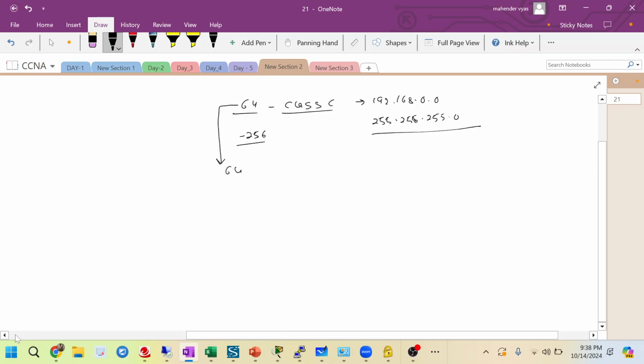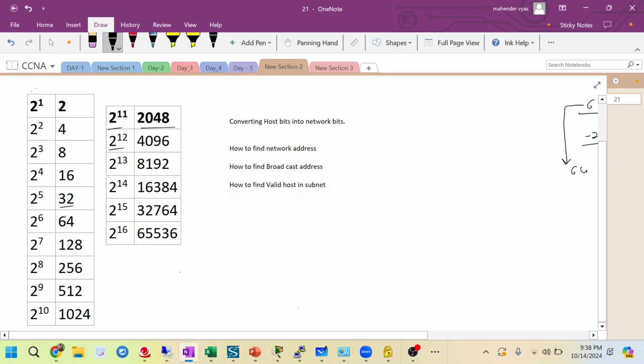For 64 addresses, what do we need? 2 power 6, but we should not take the exact number, we should take a higher number. Because this is a valid host requirement: the first address is the network address and the last is the broadcast address, which are not valid hosts and cannot be given to any machine. So the formula is always 2 power n minus 2.